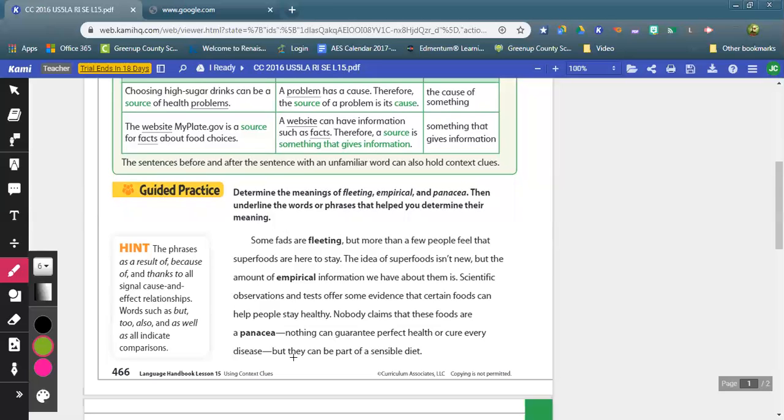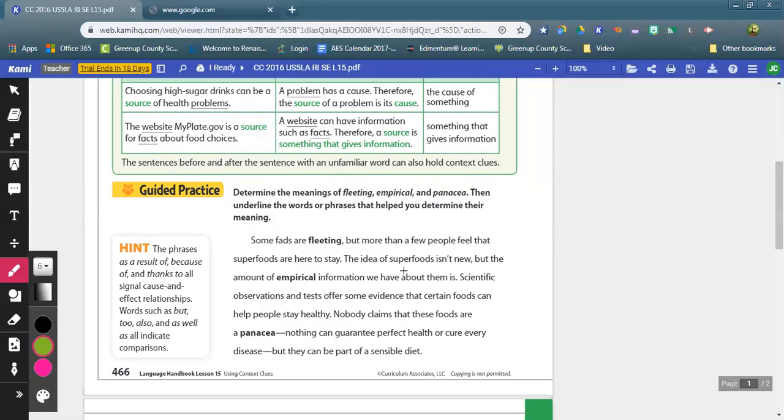So we have a passage here with three words, fleeting, empirical, and panacea, and we are going to use context clues to figure out what these words may mean. So I'm just going to read the passage here. Some fads are fleeting, but more than a few people feel that superfoods are here to stay.